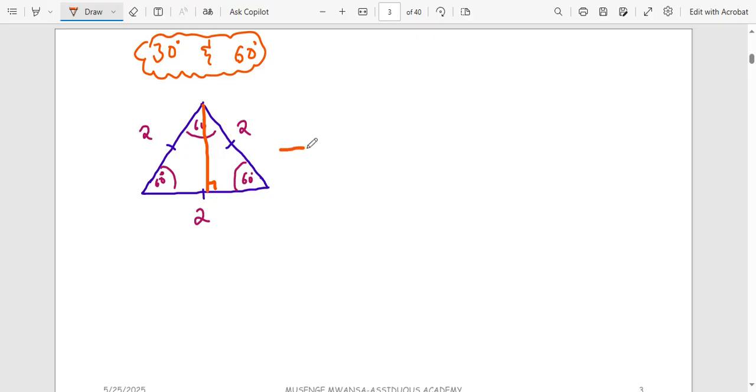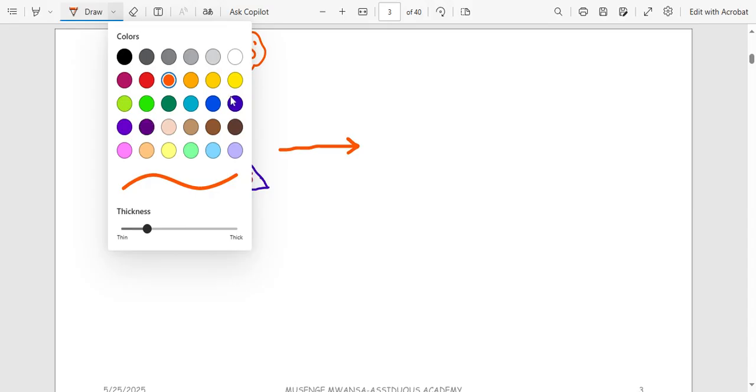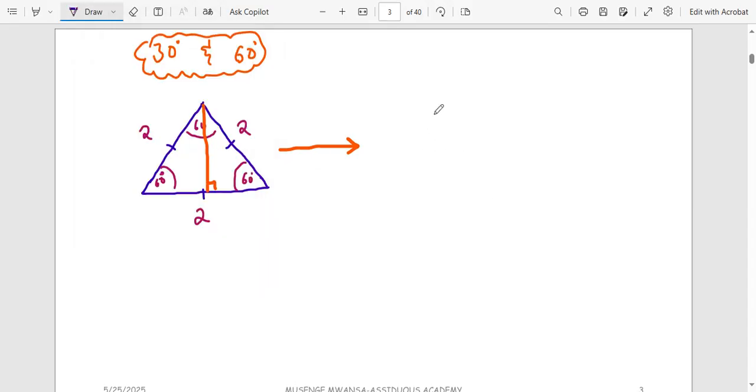So after we do this, what are we going to see? When you break this triangle in the middle like that, I'm only picking one side. So this is a 90.